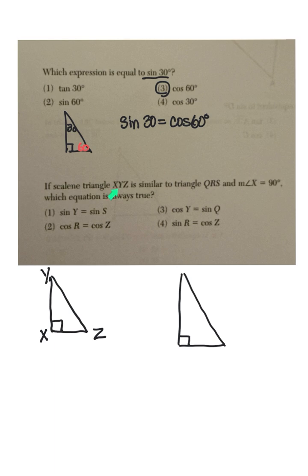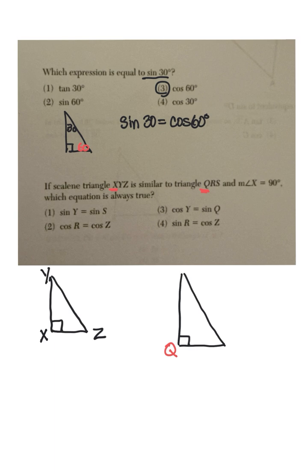So what that means is X and Q will be in the same spot in their respective triangles. So in other words, I'm going to have Q right there. This is first, this is first, so they correspond to one another.